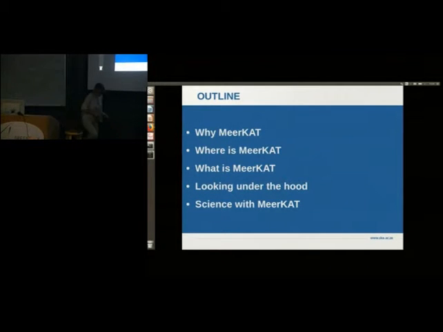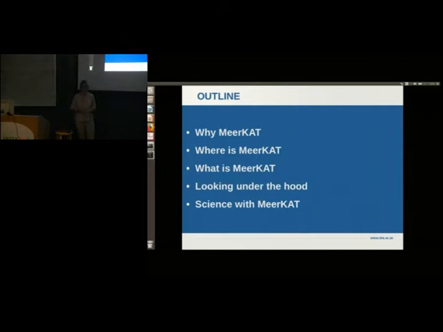Firstly, I'll talk about why the telescope got the name MeerKAT, and then I'll go on to where MeerKAT is located. We'll look at what constitutes the MeerKAT Radio Telescope, and then we'll look under the hood to see how MeerKAT actually processes the data from space. And then we'll look at some science with MeerKAT.